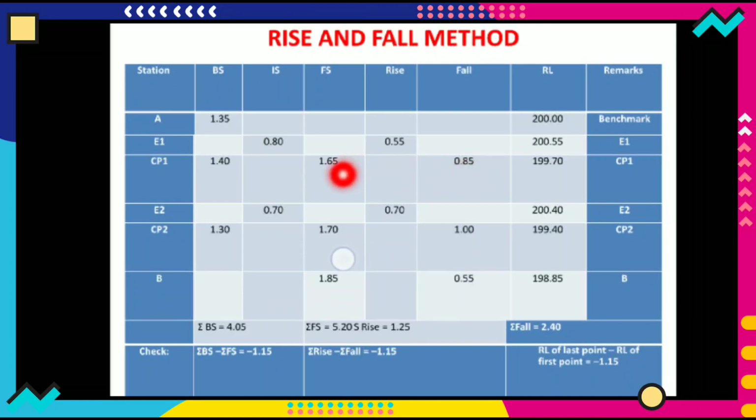After this reading we take this reading, so 1.40 minus 0.70 is equal to plus 0.70, so that is written in the rise column. 0.70 minus 1.70 is equal to minus 1.00, so that is written in the fall column.